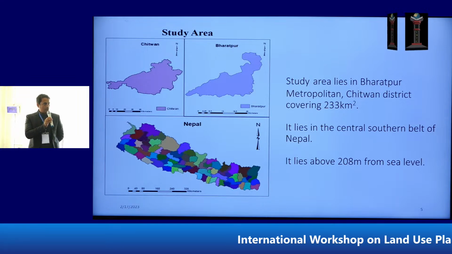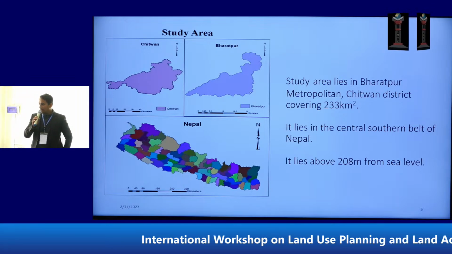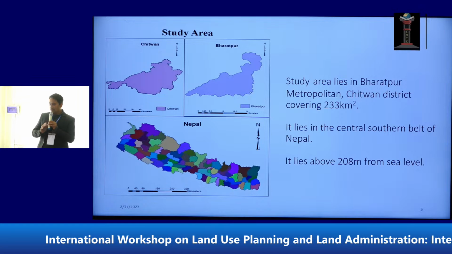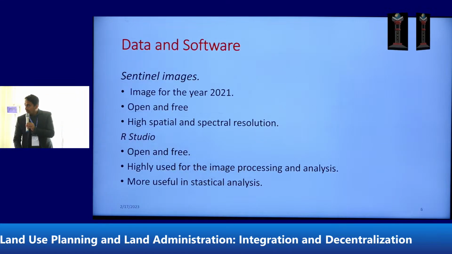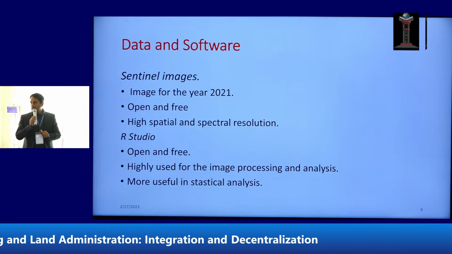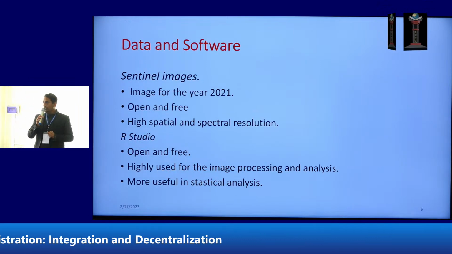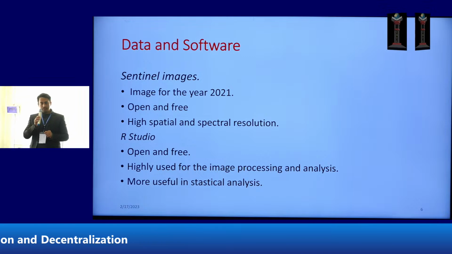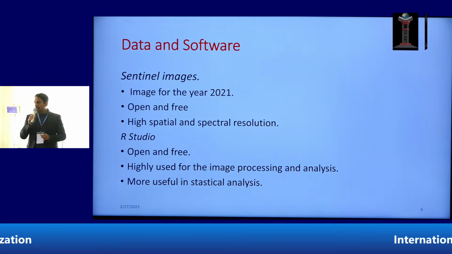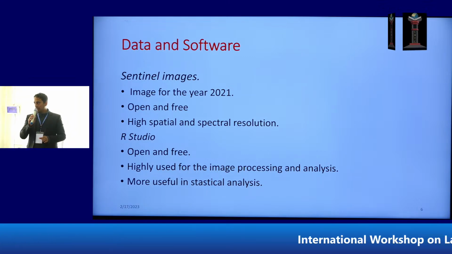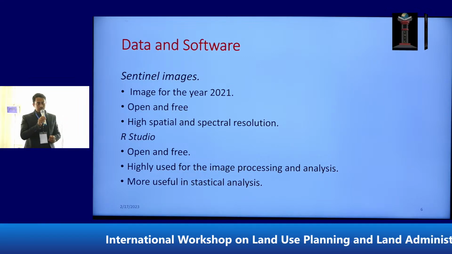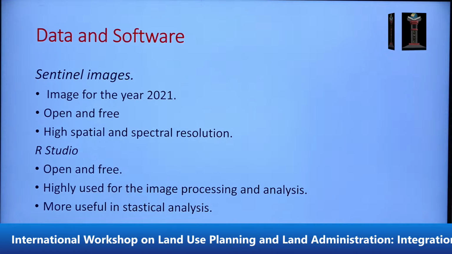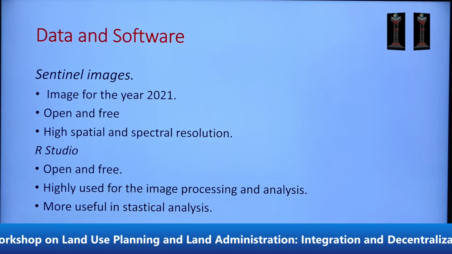It lies in the southern part of Nepal, about 208 meters above sea level. The data and software that I have used are Sentinel images, because they are open access with high spatial and spectral resolution, and the software was RStudio. It is open source, and RStudio is quite good for image processing and statistical analysis.